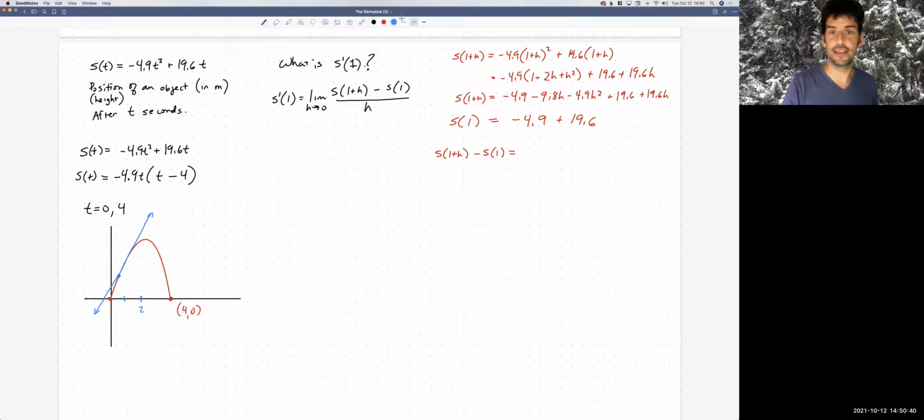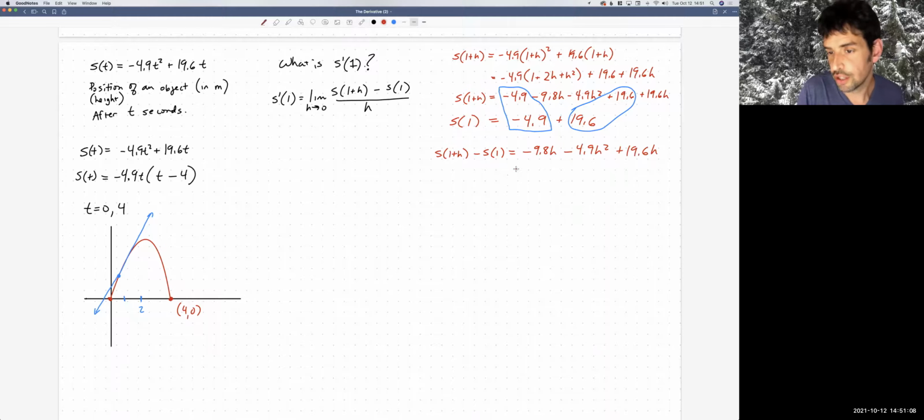When we subtract, anything that is the same will disappear, right? So when we subtract S of 1, this negative 4.9 becomes positive and cancels this. This positive 19.6 is going to become negative and cancel this. So what we will be left with is negative 9.8h minus 4.9h squared plus 19.6h. These two things can be combined and we have 9.8h minus 4.9h squared.